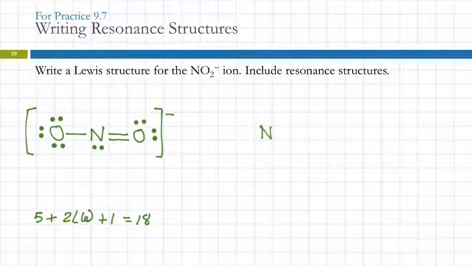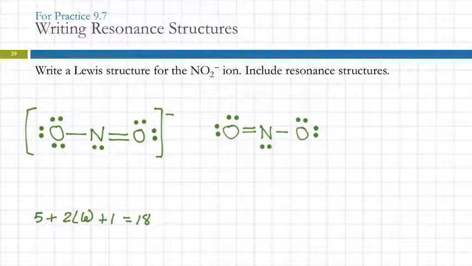So nitrogen with oxygen on each side, but I'm just going to draw the mirror image of it. I'm going to put the double bond over here. And so that one has 2 pairs of non-bonding electrons. The nitrogen still has its lone pair, and this oxygen has 3.